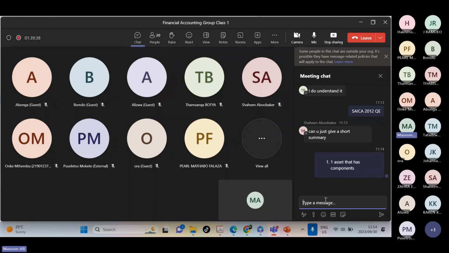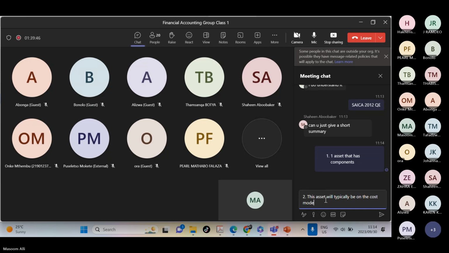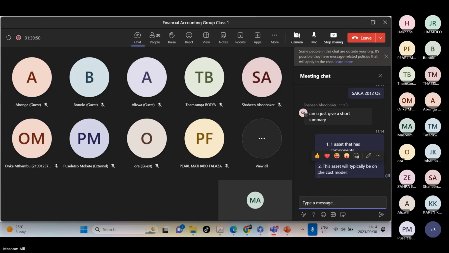It's an overkill. Secondly, go through your questions. If you haven't noticed this, every asset that seems to be on the component method is usually on the cost model. Just pay attention to these things. You will start picking these things up as you get more adept.